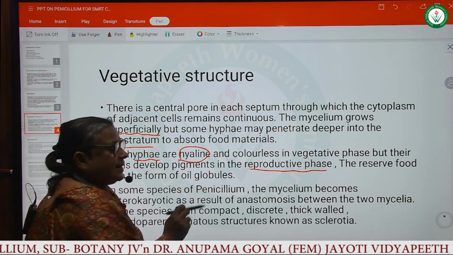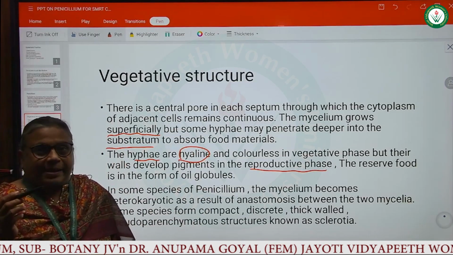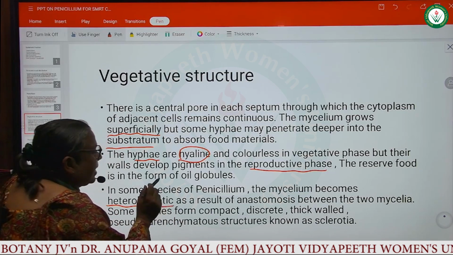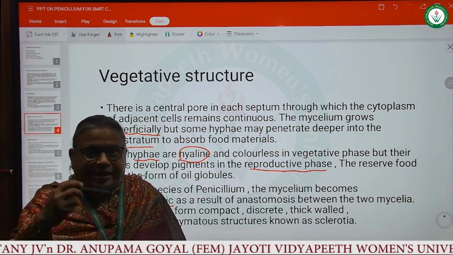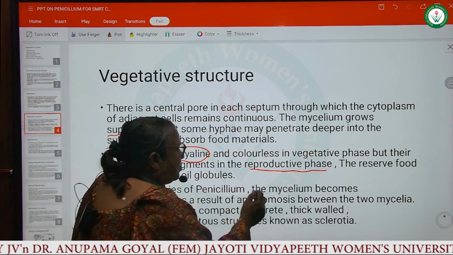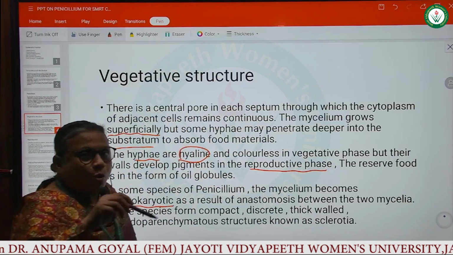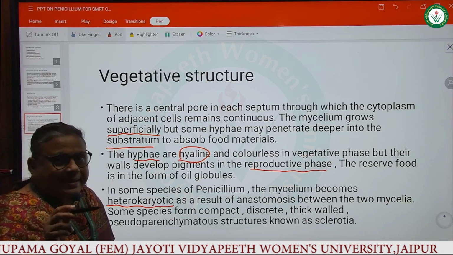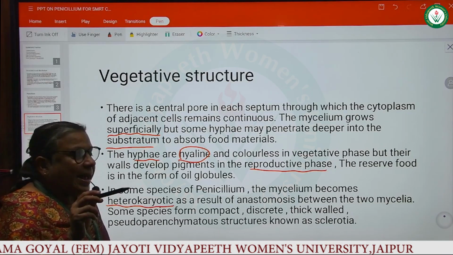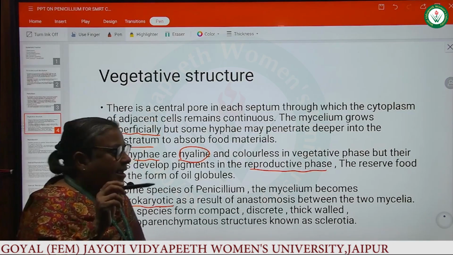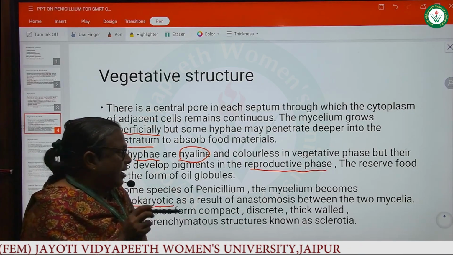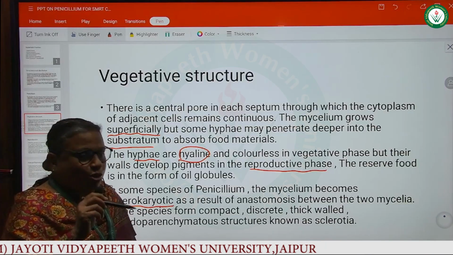In some species of Penicillium, the mycelium becomes heterokaryotic as a result of anastomosis between the two mycelia. Some species of Penicillium form compact, discrete, thick-walled pseudoparenchymatous structures known as sclerotia.